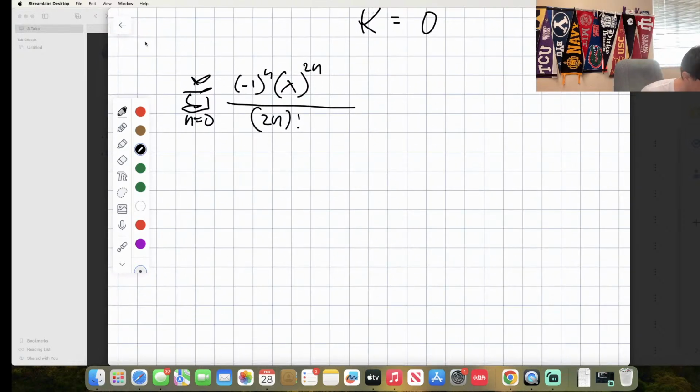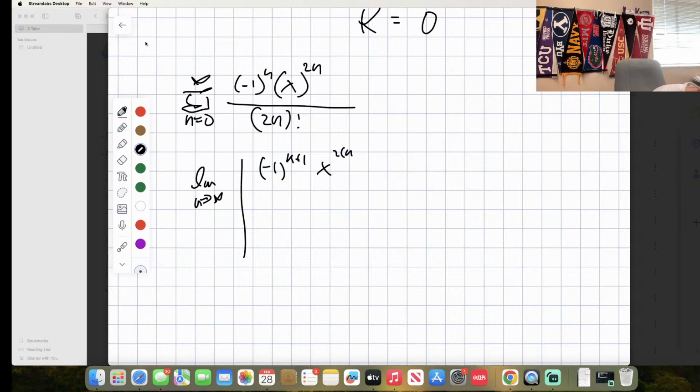So now I have a question. All right, the limit is going to infinity. Now I'm going to include the -1 for now, but you're going to know that when it's absolute value, the -1 doesn't matter.